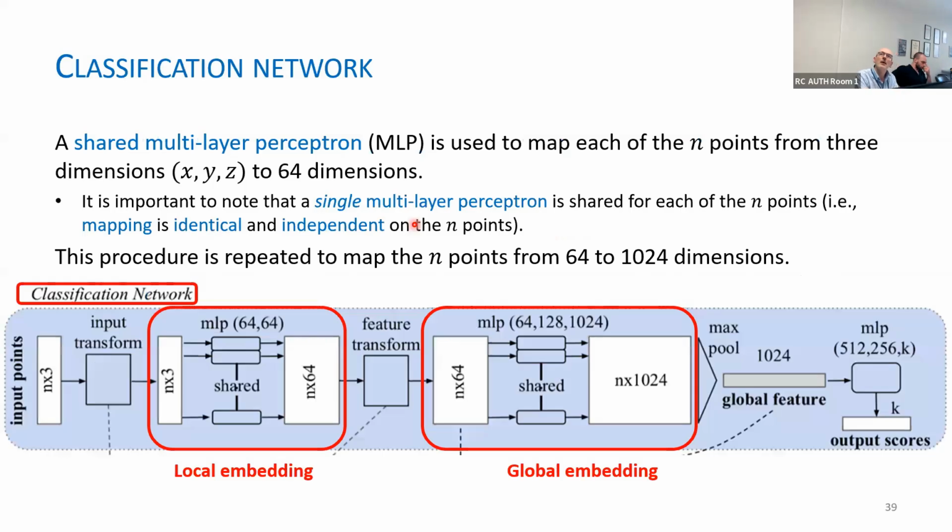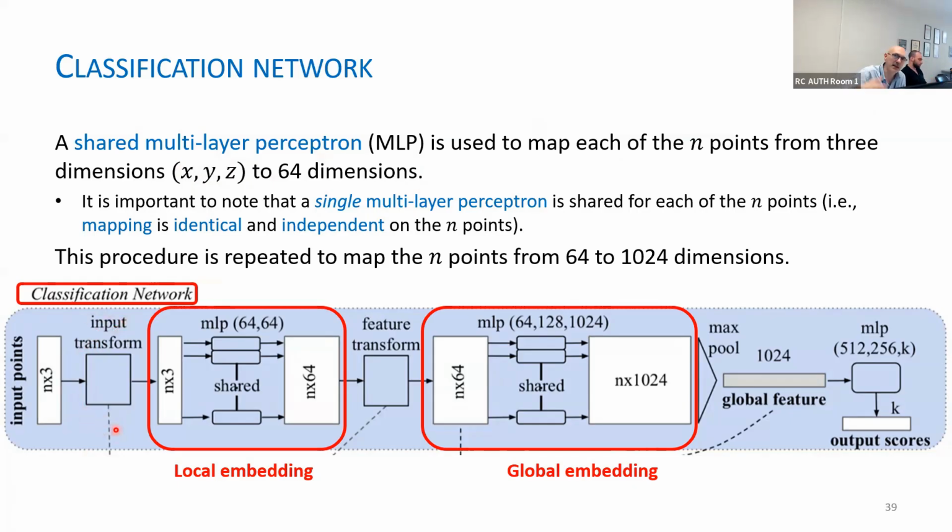So let me start from the classification network. Here basically we can start reasoning the way that we have points that are represented by a three-dimensional coordinate given by x, y, and z. First of all, we have this transformation.